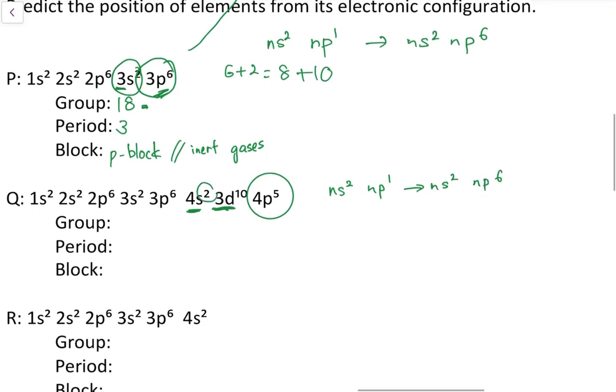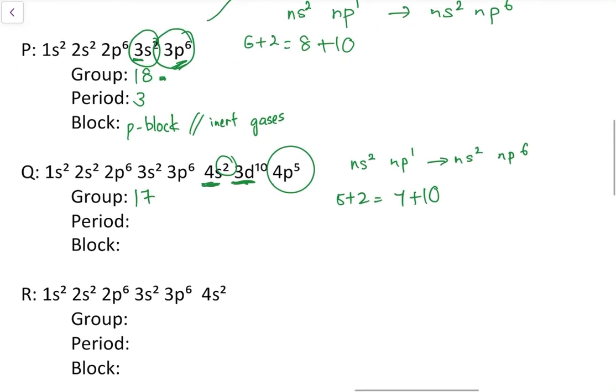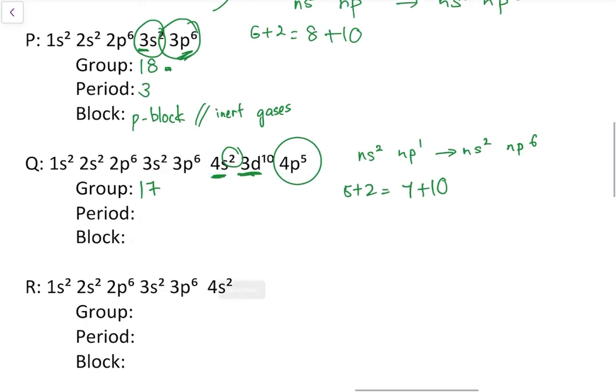So you have 5 plus 2, you get 7. You have to add 10, so this is from group 17. The highest principal quantum number is 4, and it's also a p block. Group 17 is also known as halogens.